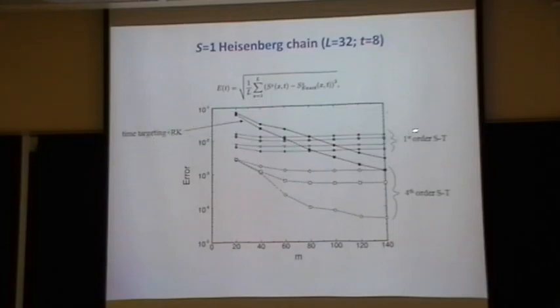So let's look at first order Suzuki-Trotter first. We know that for first order Suzuki-Trotter, the error goes as tau squared. And here we see that as we keep increasing the number of states, the error basically remains constant, doesn't go down. What does it mean?